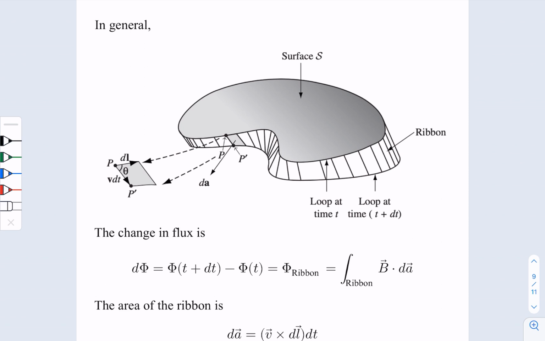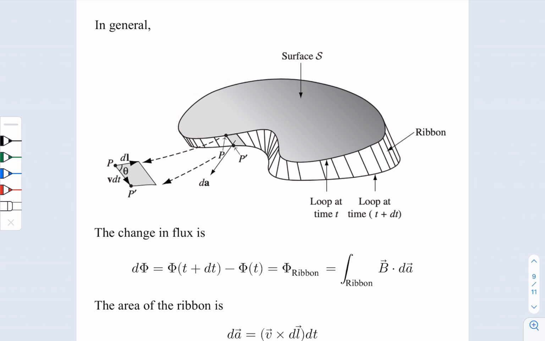We can also have any arbitrary shape of the circuit, and even the circuit shape can change as time goes on. As long as there's a change of flux, we can use the change of flux to relate that to the EMF. So to derive that, we can consider the change of the surface here.